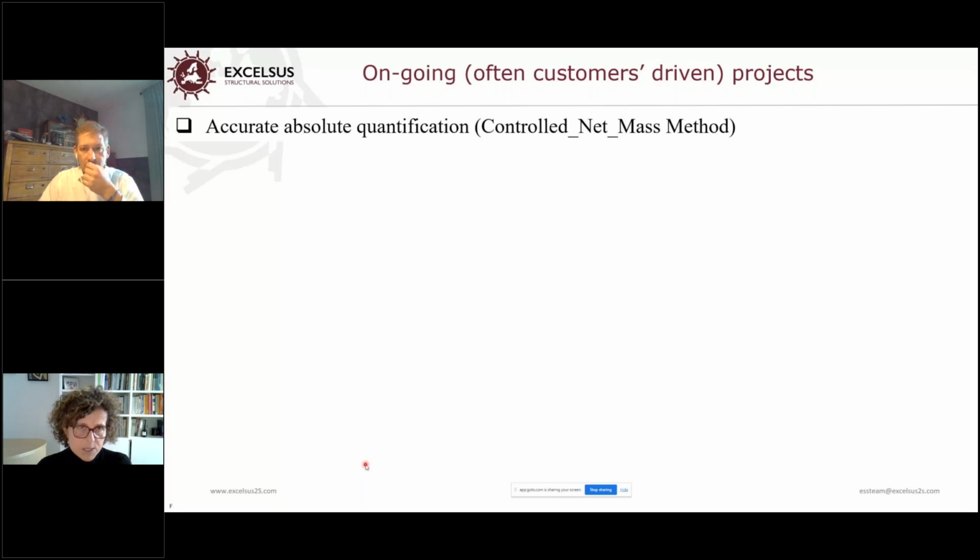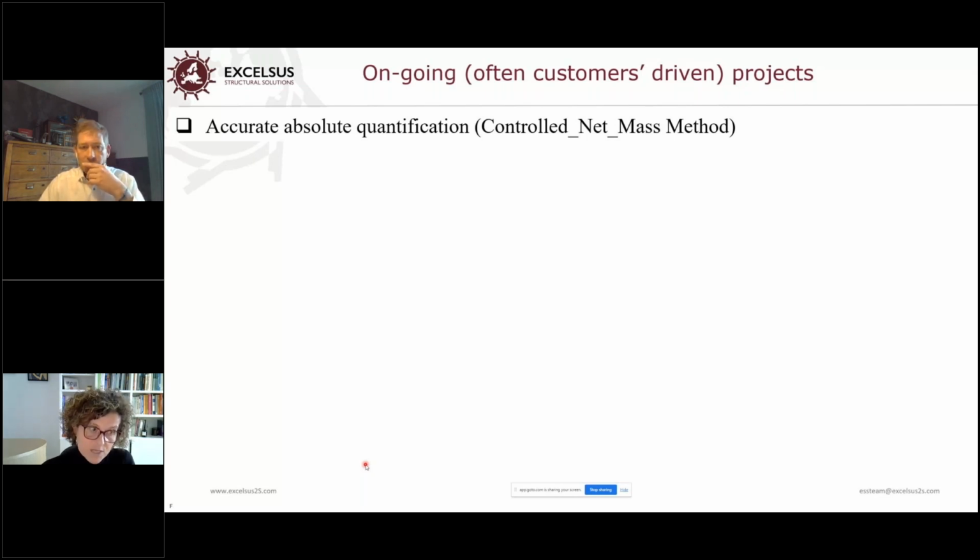And so we developed a methodology that allows us to be completely independent of the homogeneity of the distribution of the undesired forms, which we call the control net mass method. I'm not going to go into many details, but it's essentially a methodology that relies on the accurate weighing of very small quantities of materials and the measurement of the entire weighed masses.